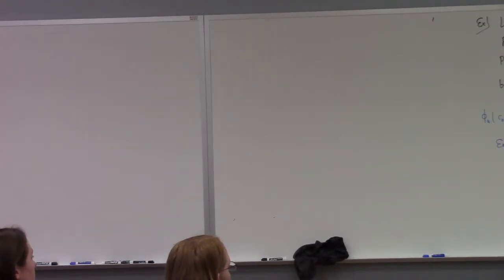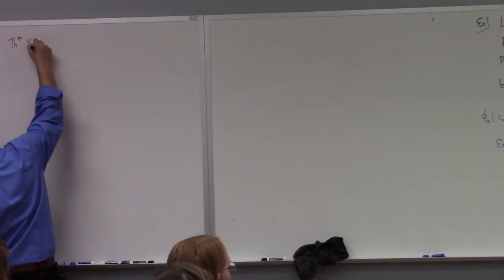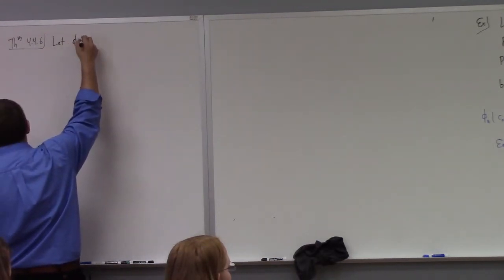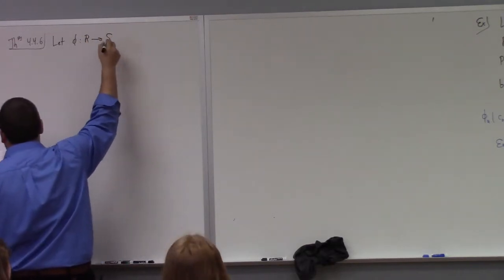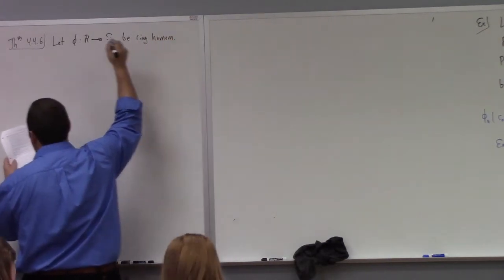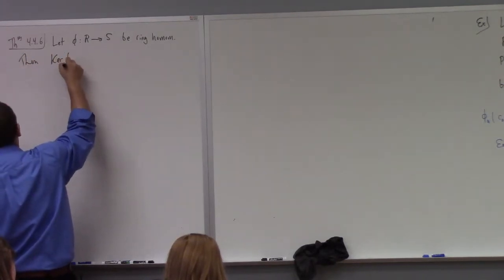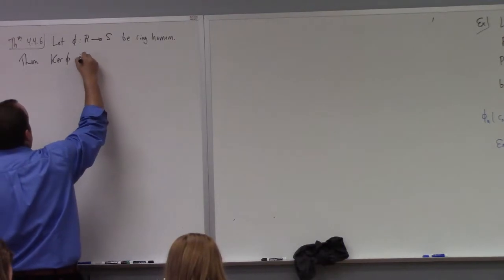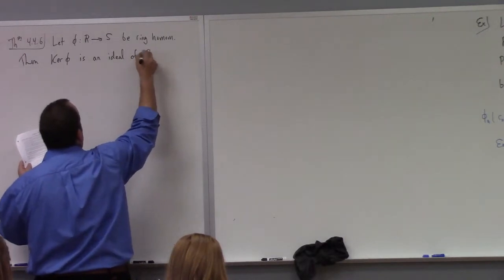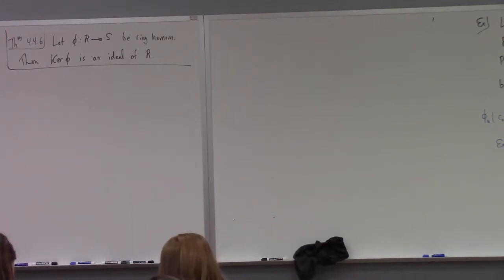All right, so theorem 4.46. Let phi from R to S be a ring homomorphism. Then the kernel of phi is an ideal of R. So what did it take for us to show something was an ideal?